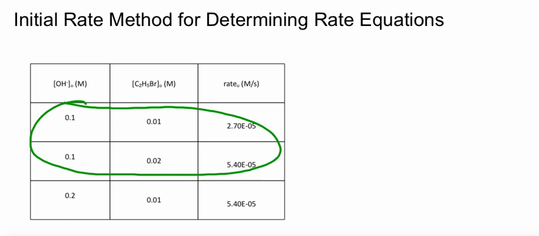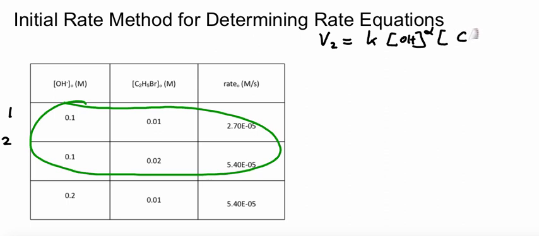All right, so what we do is we'll label this trial 1 and trial 2, and then you write the rate equation divided by the rate equation. So I'm going to write the rate for the second trial is equal to the rate constant times the concentration of hydroxide to the alpha, because remember we're imagining that we don't know the rate law yet.